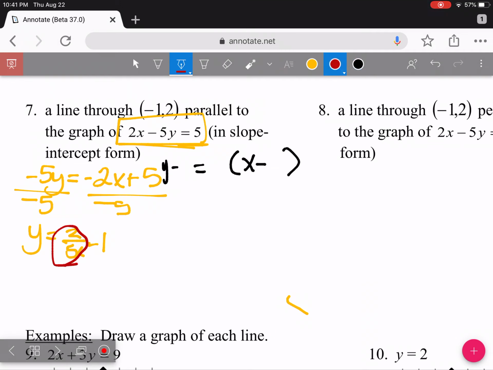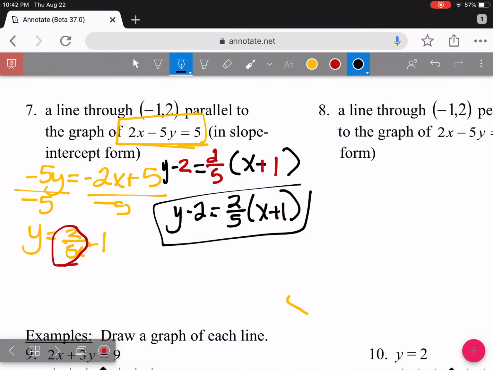We know the slope has to be 2/5. And we know it has to go through the point negative 1, 2. So that becomes a positive 1 and positive 2. So our equation ends up y minus 2 equals 2/5 x plus 1. There you go. Final answer.